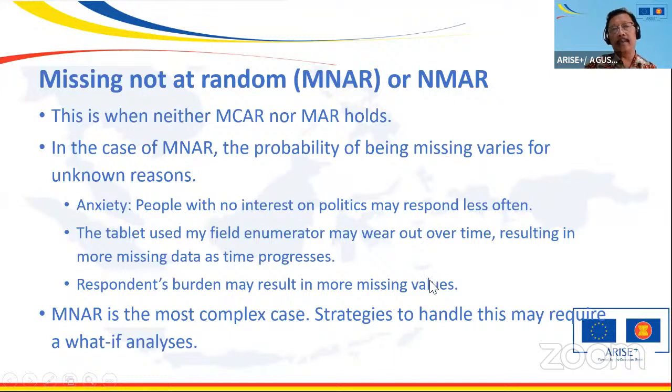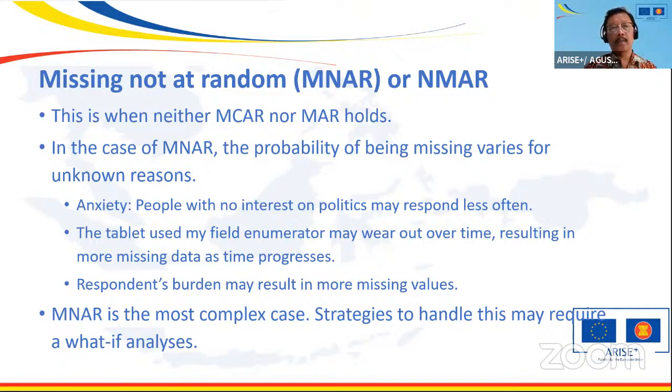Respondent burden may be related to the MNAR, missing not at random. If the questionnaire is so long, respondents become fatigued and answer only some of the questions. This leads to the missingness.